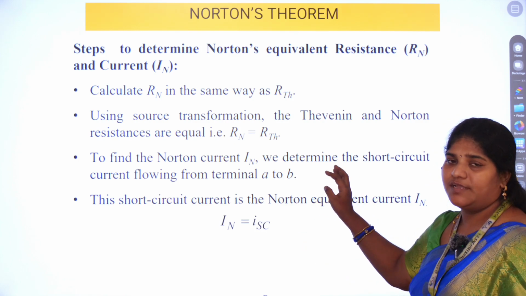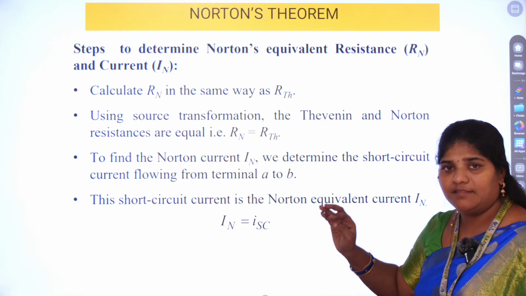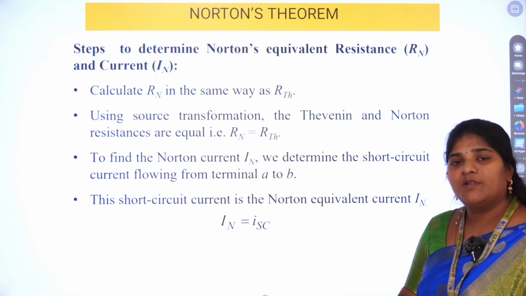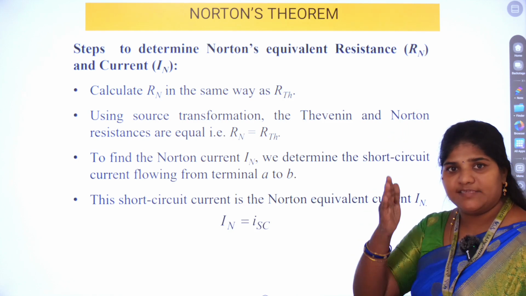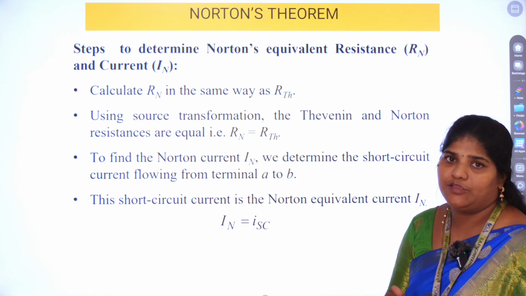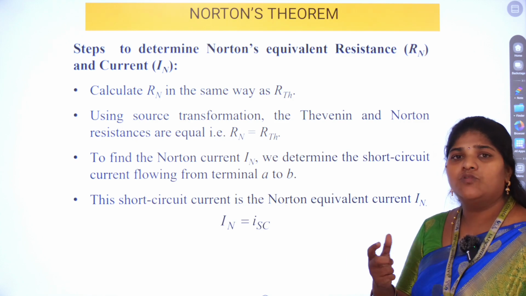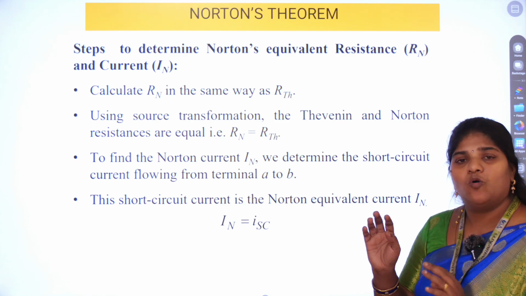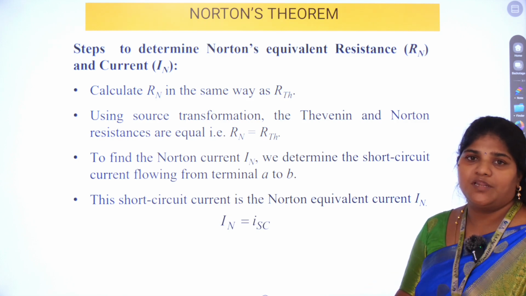Right, so for Norton's equivalent circuit, the very first step is, upon identifying the load resistance, the load resistor has to be removed, and that particular place or branch has to be short circuited. Whereas in Thevenin's, we remove the load resistor and make the place open circuited, and we calculate the voltage across this open circuited condition.